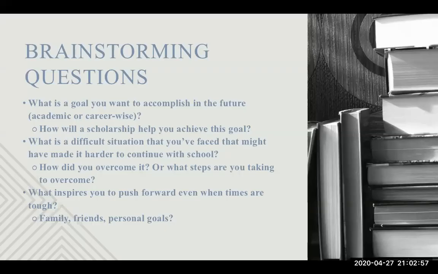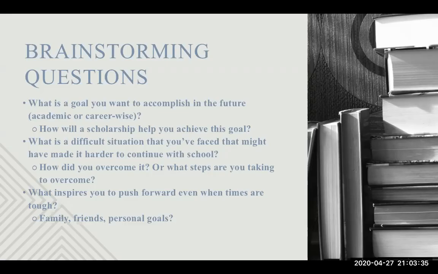So maybe you started going to tutoring, maybe you started to create to-do lists, become a little more organized, went to visit professors in their office hours, and this is a practice that you plan on using for the future. You realize that it takes a village to be successful. So whenever you're talking about difficult situations, always try to include some sort of lesson that you took away and that you're incorporating into the future.